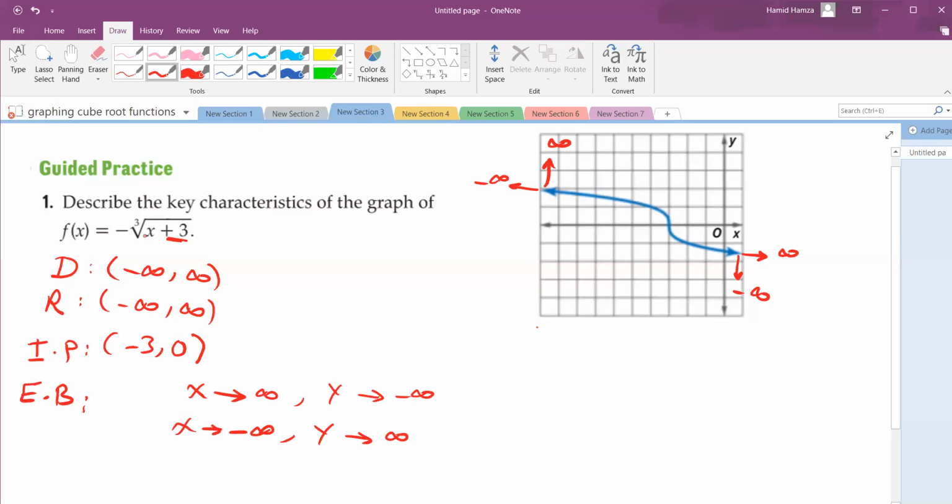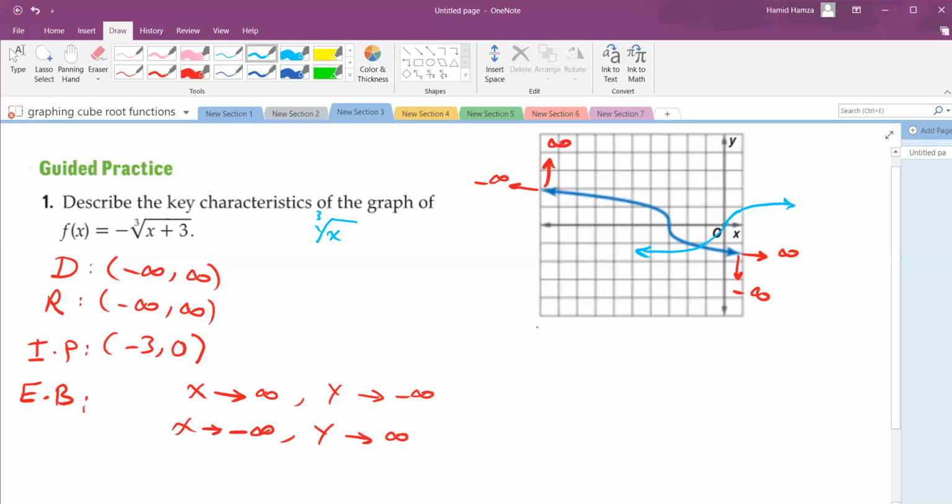Also, what transformation affected the function? Who can tell me, guys, what transformation happened here? Do we have translation? Do we have reflection? Yes, because of the negative, we have reflection. If we didn't have it, the parent function should be drawn like this, from 0.